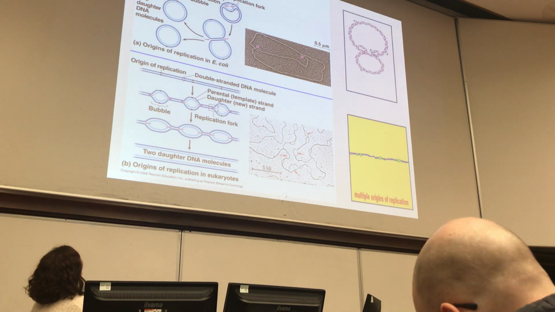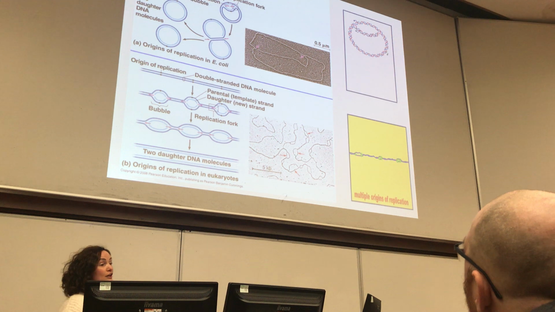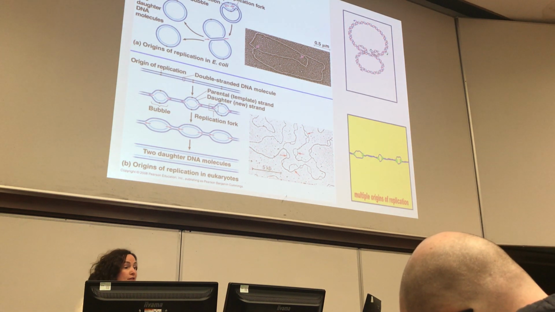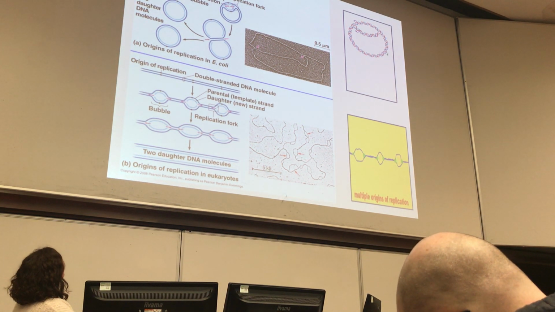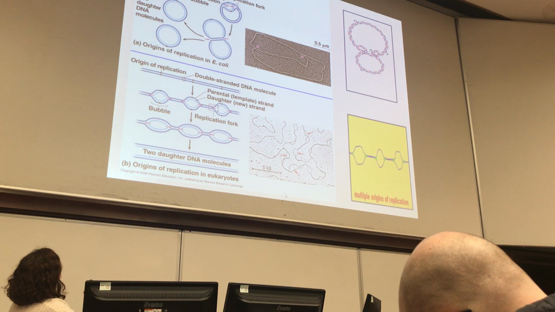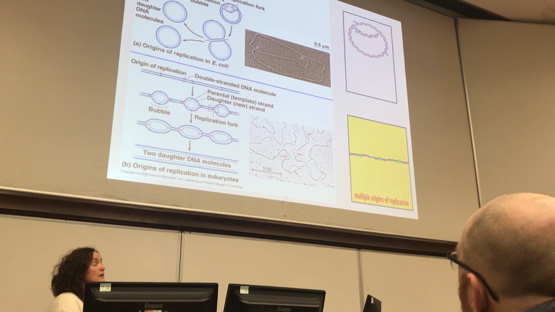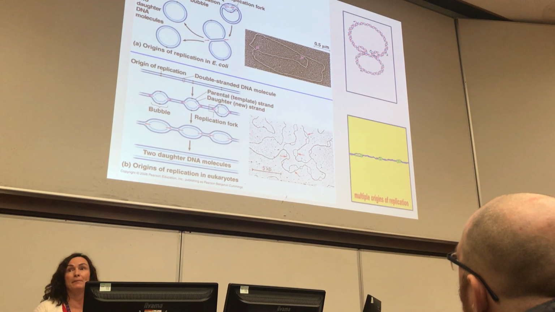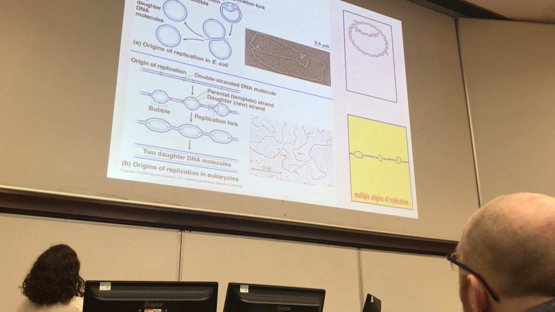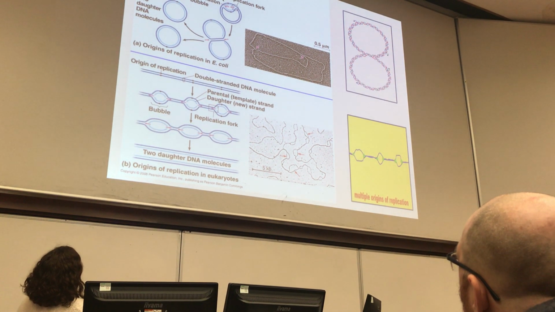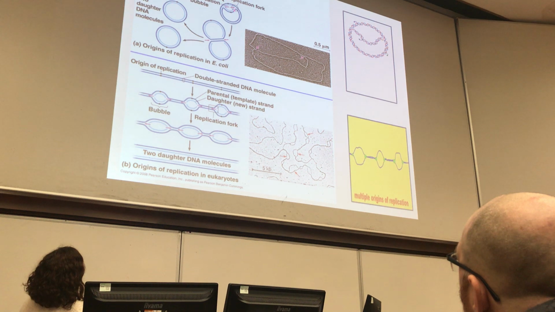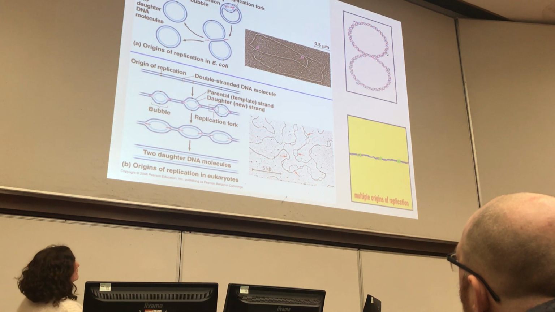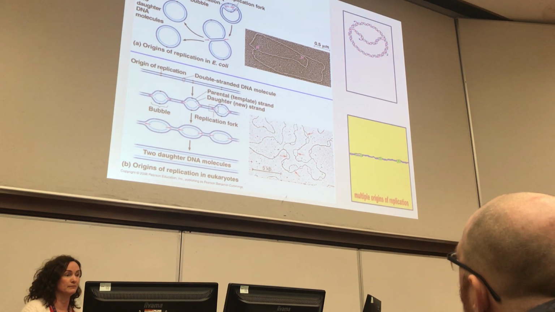So what we do know is that replication occurs at the origin of replication, and when the DNA helix unwinds, we get what's called a replication bubble. This replication bubble then has what's called replication forks at either side of the replication bubble.